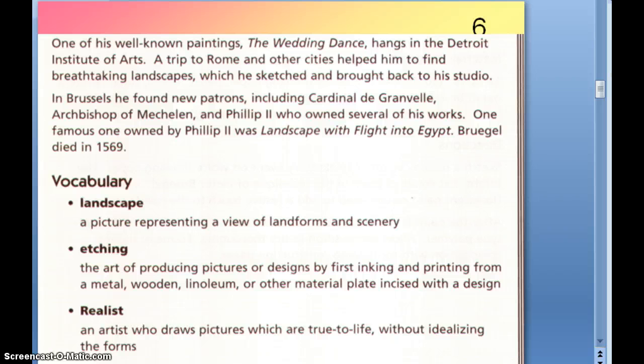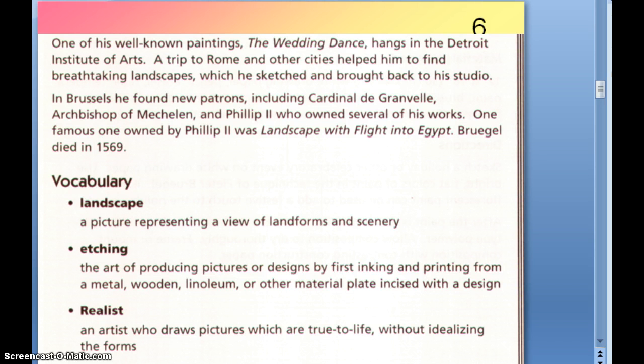A trip to Rome and other cities helped him to find breathtaking landscapes, which he sketched and brought back to his studio. In Brussels he found new patrons, including Cardinal de Granvelle, Archbishop of Mechelen, and Philip II, who owned several of his works. One famous one owned by Philip II was Landscape with Flight into Egypt.